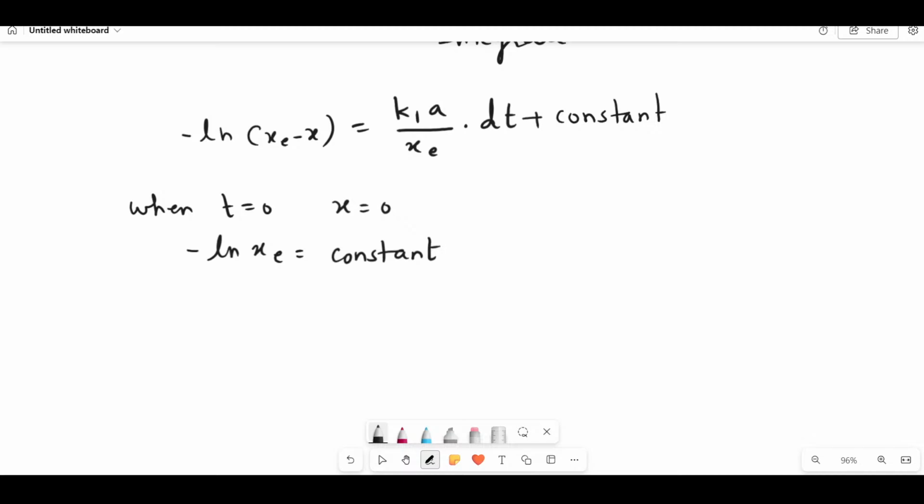Substituting the value of integration constant, minus ln of (xe minus x) is equal to k1a divided by xe into t minus ln of xe.